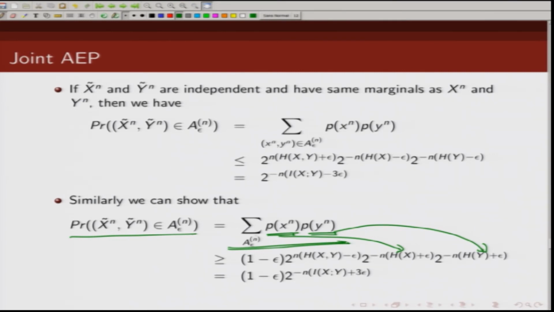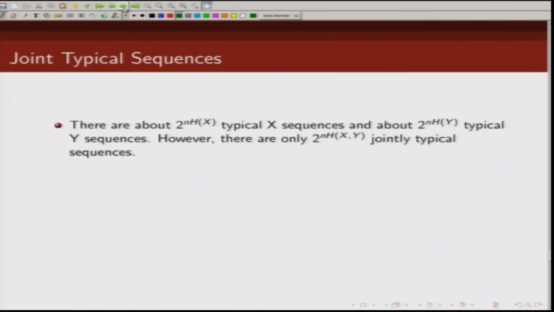And similarly, the number of elements in this jointly typical set is lower bounded by this quantity. So if we plug in these values, we get that the probability that x^n tilde and y^n tilde, which are independent, are jointly typical is lower bounded by this probability.